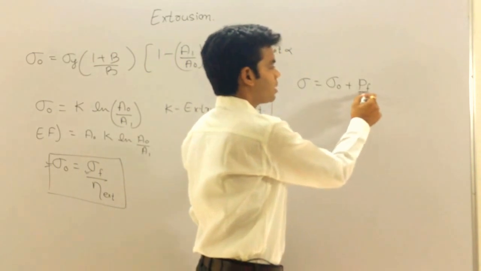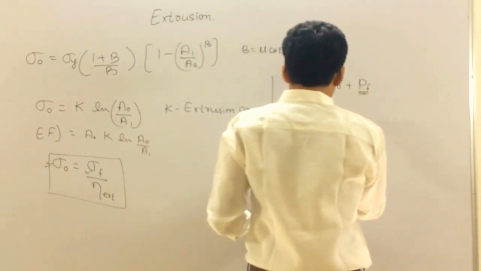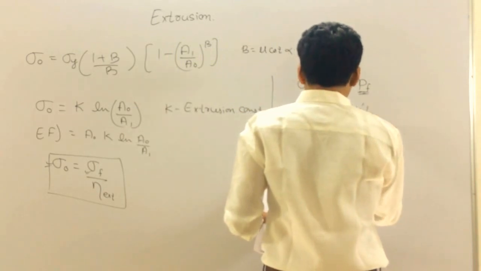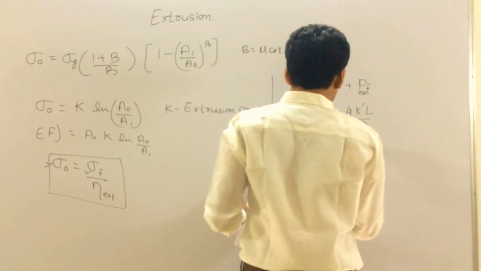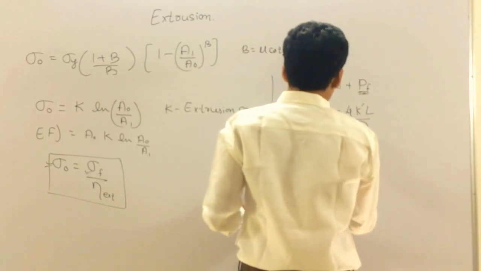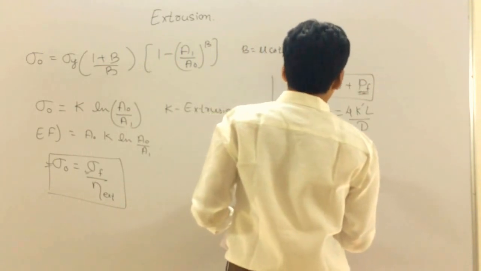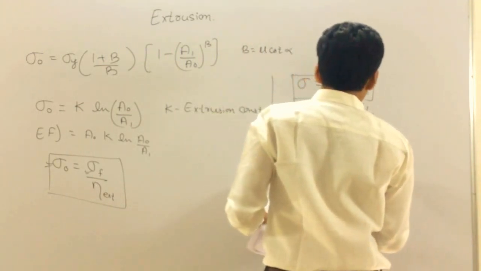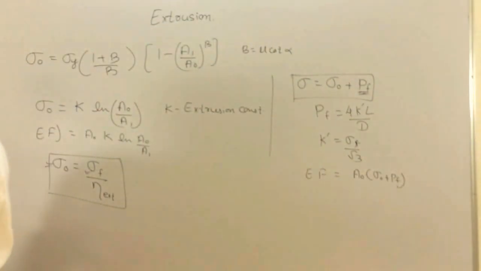If the value of Pf is given directly, then no problem. If not given, then this Pf is equal to 4 k dash in, where k dash is sigma f upon root 3. That's it. So from here we can get the value of extrusion force, which will be equal to a naught into (sigma naught plus Pf). Getting this or not? Okay, so these are a few more forms which will be useful in solving numericals.